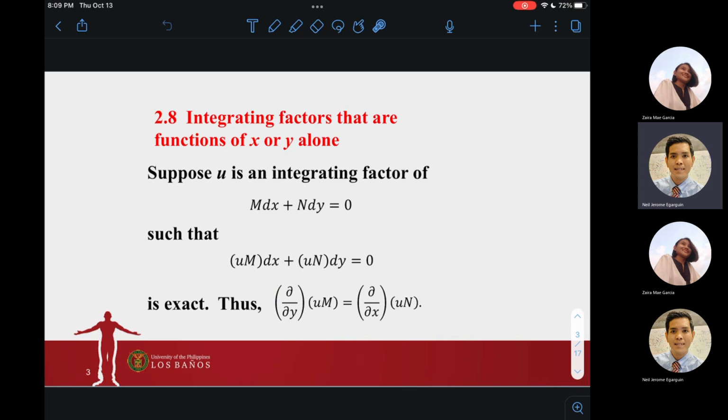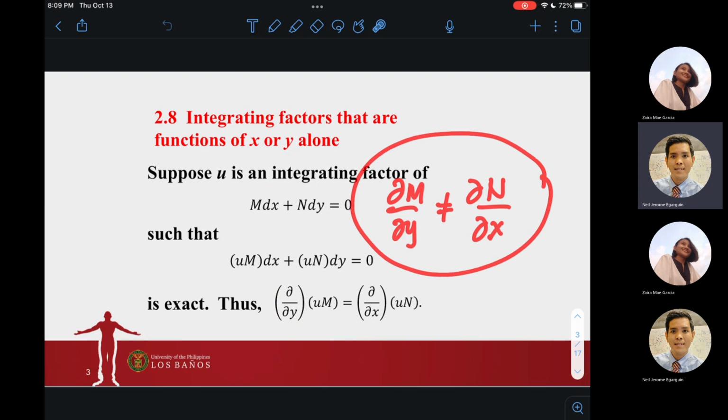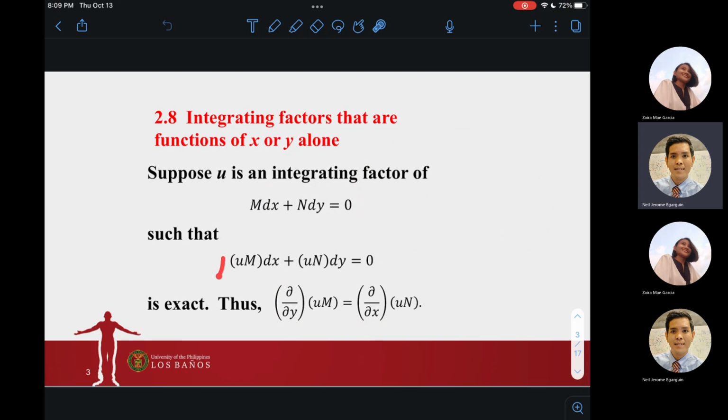Alright? So ito pa rin yung pag-check kung exact siya from previous chapters. Kaya lang iba na ngayon kasi posibleng si M at itong ODE na to ay hindi exact. So yung partial ni M with respect to y will not necessarily be equal to the partial of N with respect to x. If this is true, then you can proceed as what we did when we talk about exact DEs. Pero kapag ka hindi yan equal, baka sakali na pwede tayong makahanap ng integrating factor na etong bagong ODE na to, the one we obtained by multiplying both sides by the integrating factor u will be exact.